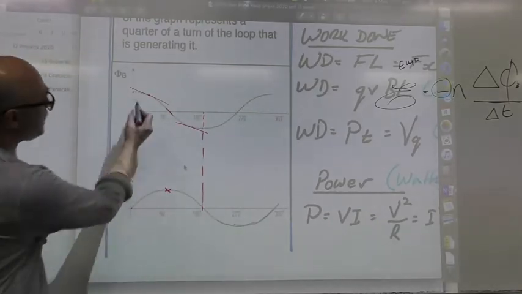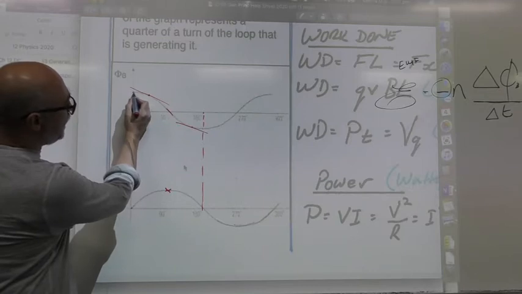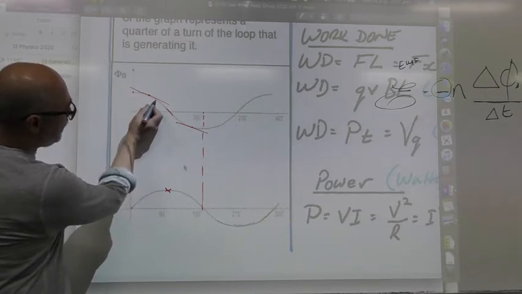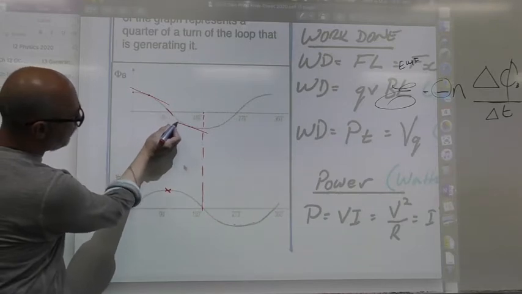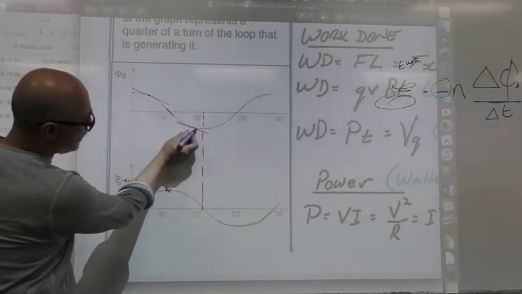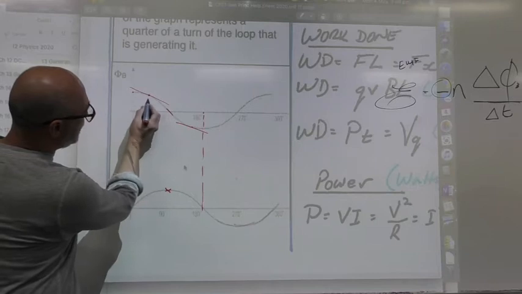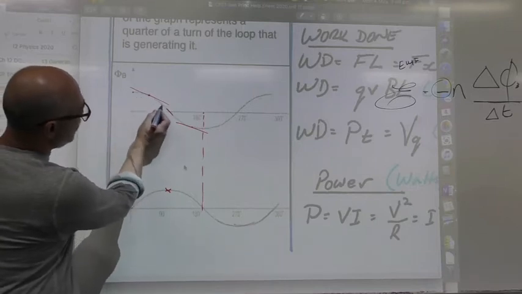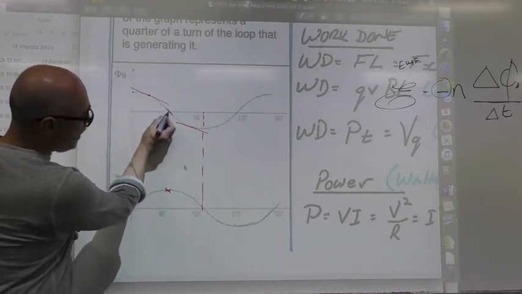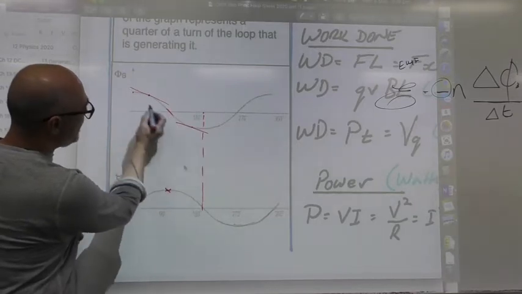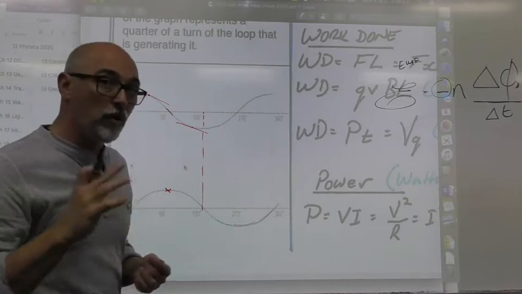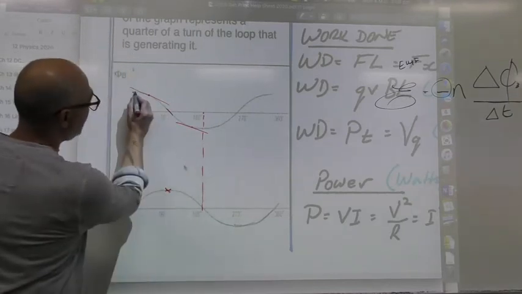Now, in this first bit here, you're threading the front of the loop, all right? Then you're threading the back of the loop as you're moving around, okay? So it is maximum flux to minimum, then it's minimum to maximum. So you look at these graphs in terms of quarter turns, okay?